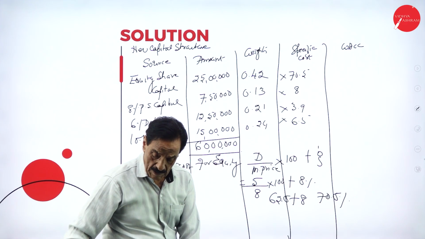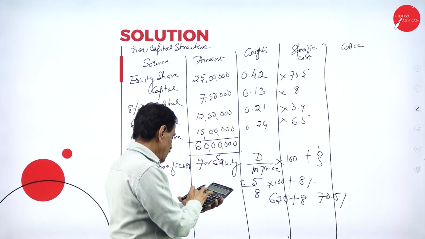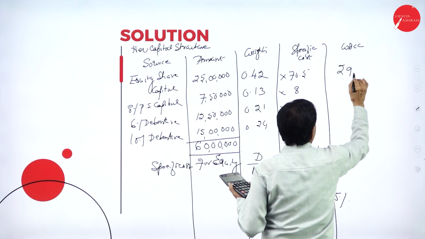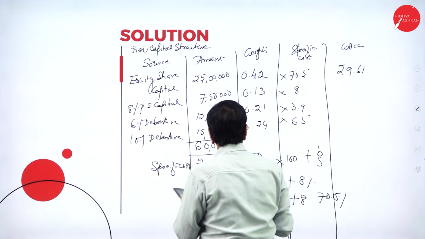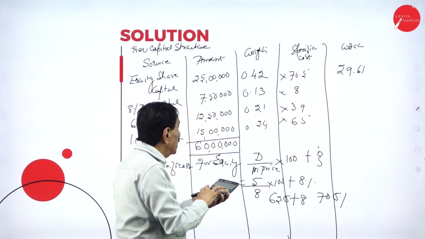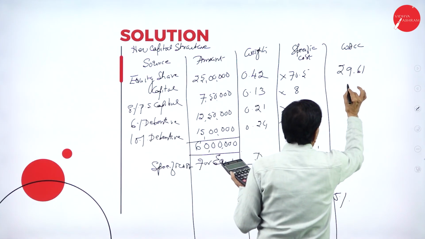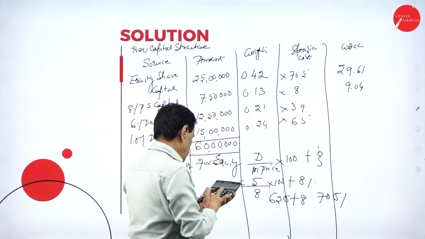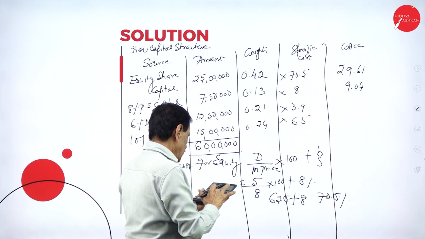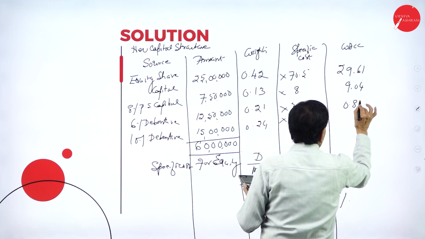Multiply: 70.5 into 0.42, 29.61. Then 0.13 into 8, 1.04. 0.21 into 3.9, 0.82.